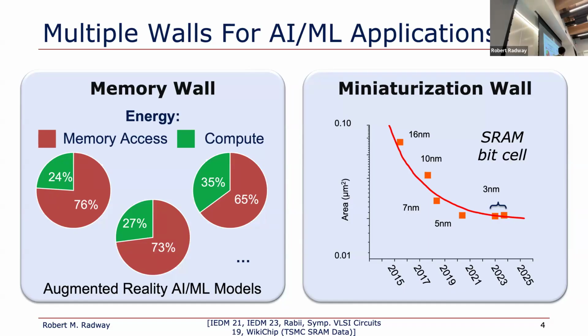And the reason that was kept consistent is that basically, as we go node over node, as we go to more advanced geometries, we have finer and finer lithographic features. And so we could scale down our memory cells to be smaller and smaller. Unfortunately, within the last 3 to 5 years, that scaling trend has completely stopped.